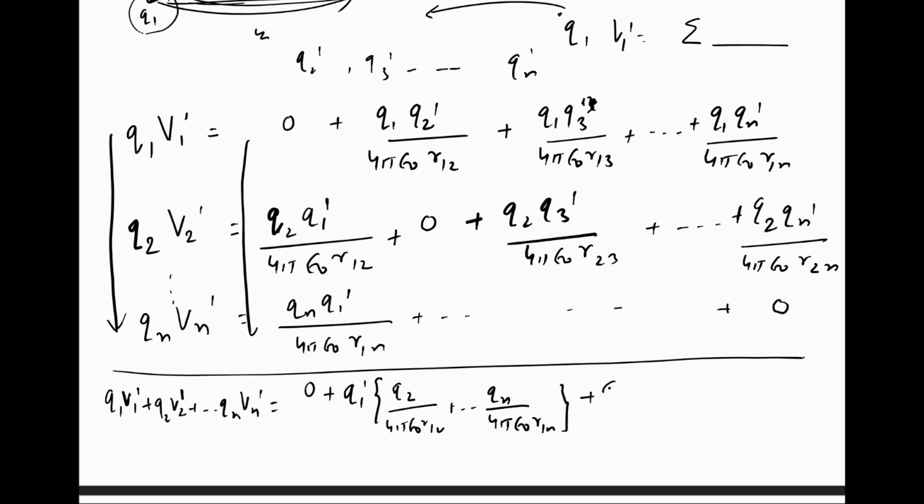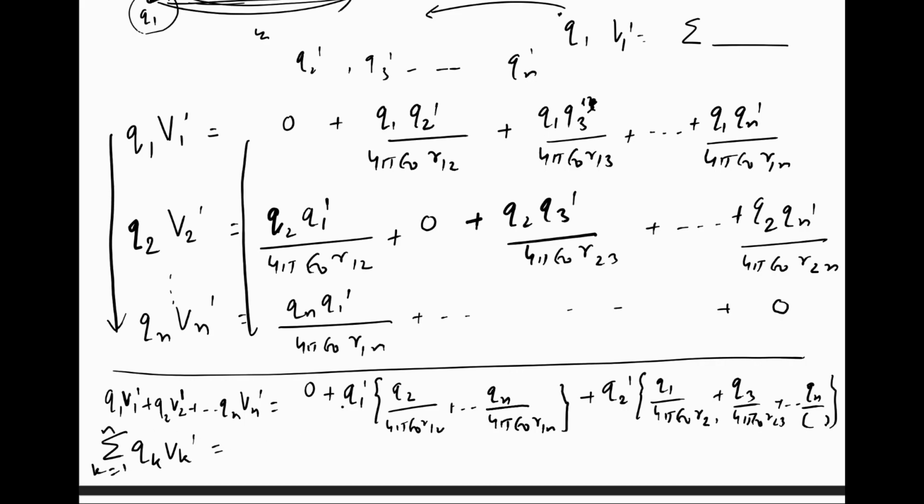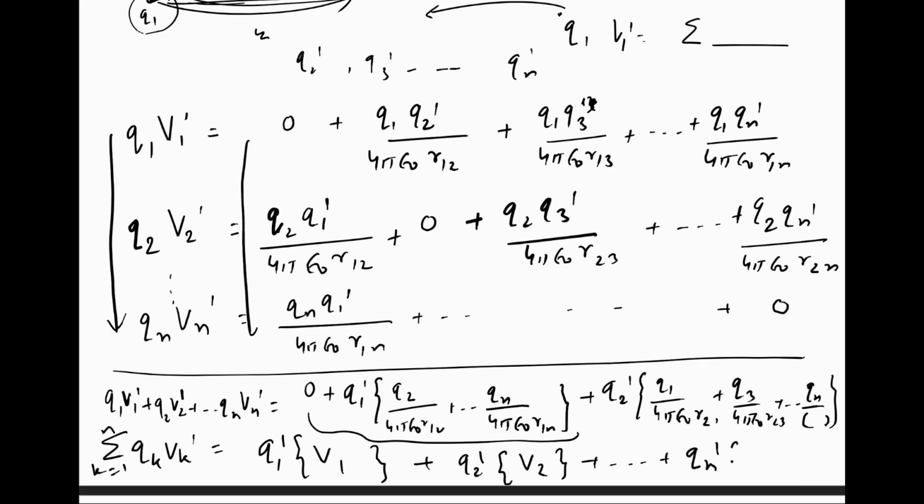Similarly, from the second column I can take Q2 dash common, and it will be Q1 over 4 pi epsilon naught R21 plus Q3 over 4 pi epsilon naught R23, and so on up to Qn. So this is the sum of Qk Vk dash, where k is from 1 to n, and this is equal to Q1 dash into the potential at point 1 because of all other charges. Similarly, this is equal to Q2 dash into the potential due to all other charges at point 2, up to n.